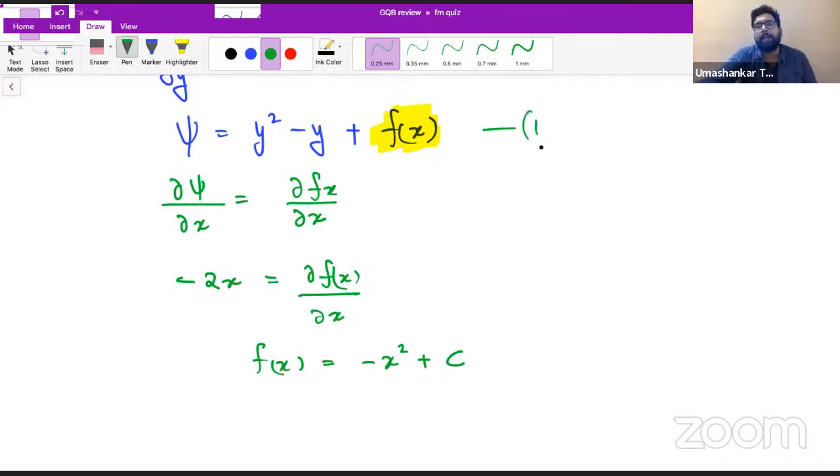Now putting this back in equation number 1, we will be getting the value of psi as y square minus y minus x square. We can ignore this c value because we cannot solve for c, right? So we are ignoring the c value and we have the stream function y square minus y minus x square. I hope it is fine to all of you.